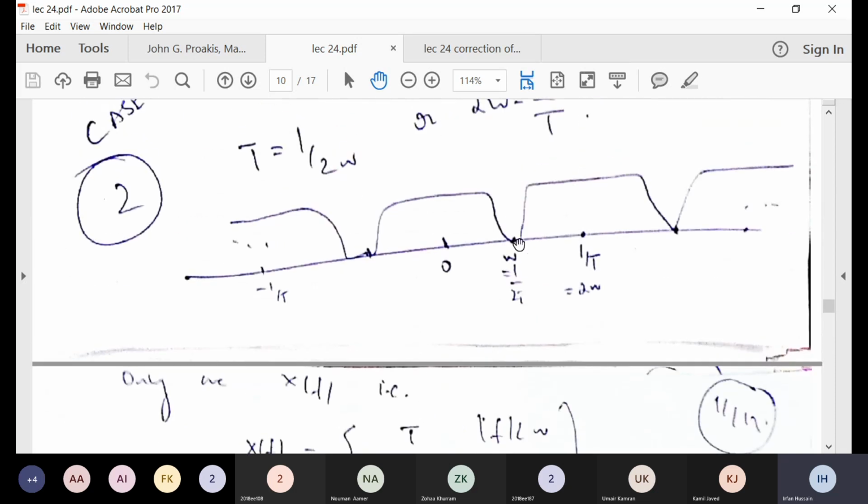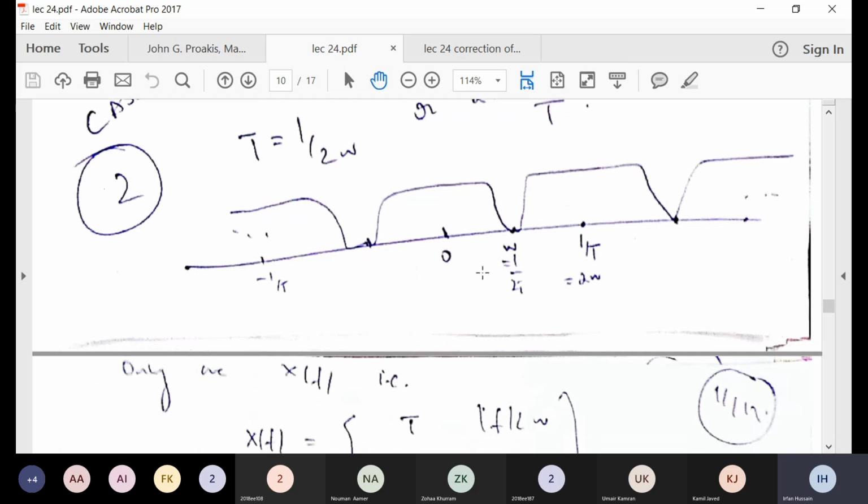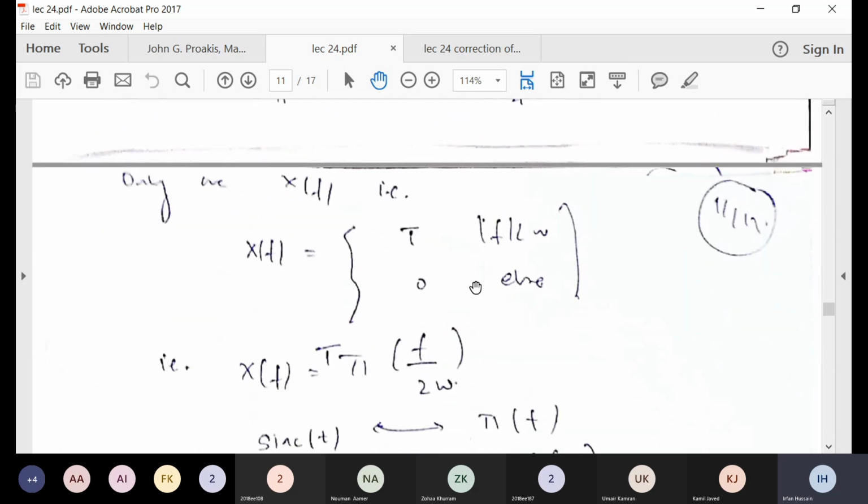It is w here, this is also w here, and they're both rects. So the total width is 2w. So you will require a rect function in frequency whose width is 2w and its height is t.